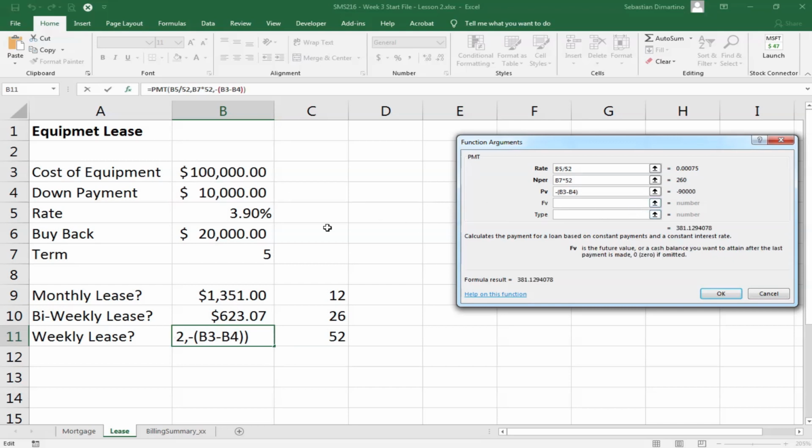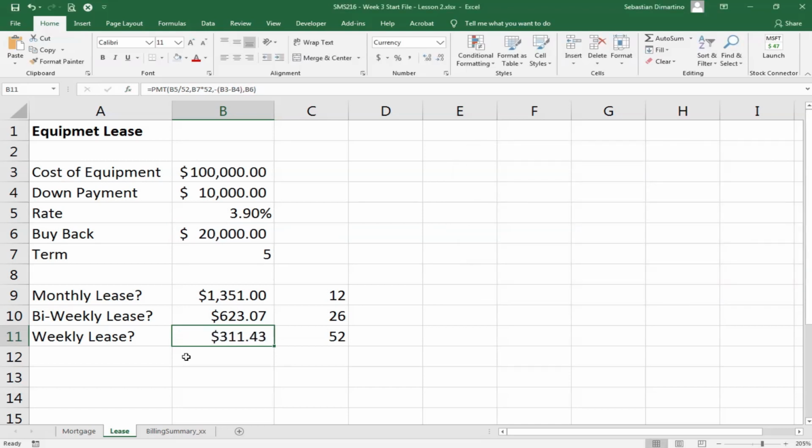And last but not least, our future value. Perfect. So what we have here are three lease amounts: $1,351, $623, and $311.